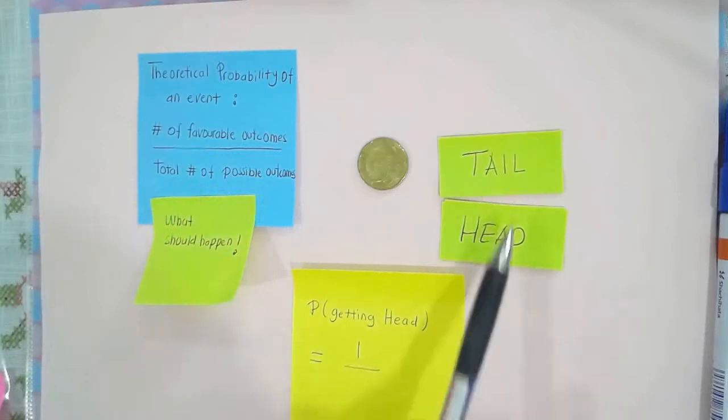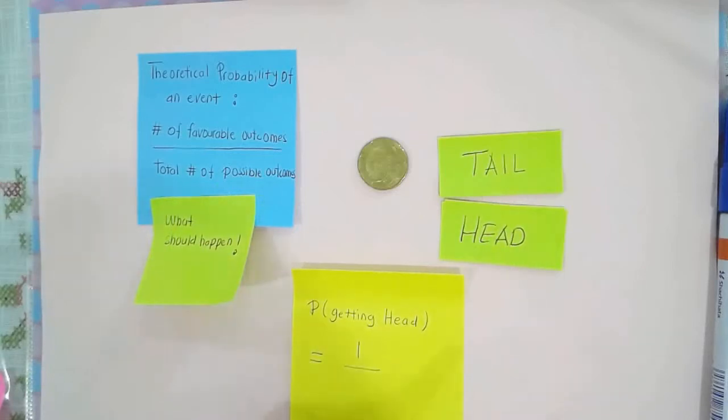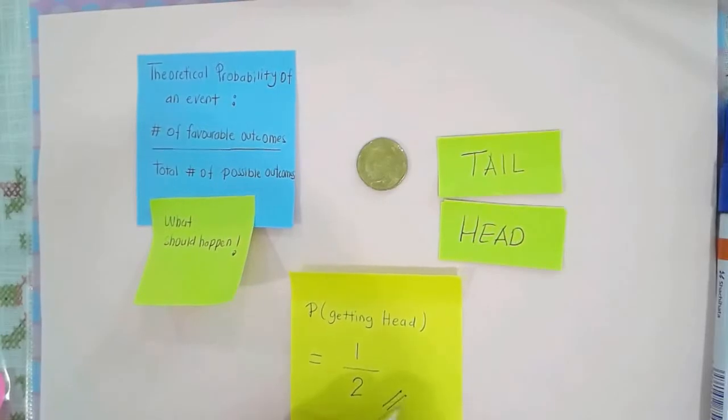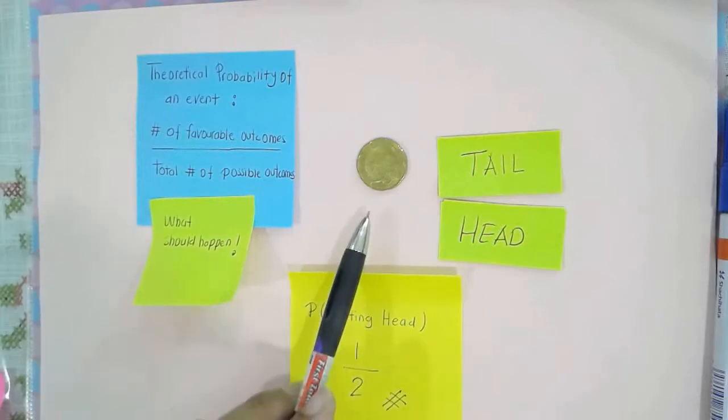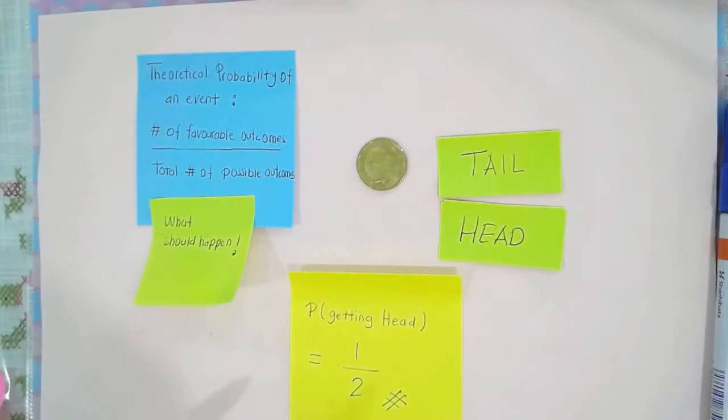Since there are two possible outcomes, our denominator is simply 2. So, the probability of getting a head when I flip this fair coin is 1/2, or you can write it as 0.5 or 50%. This is one example of theoretical probability.